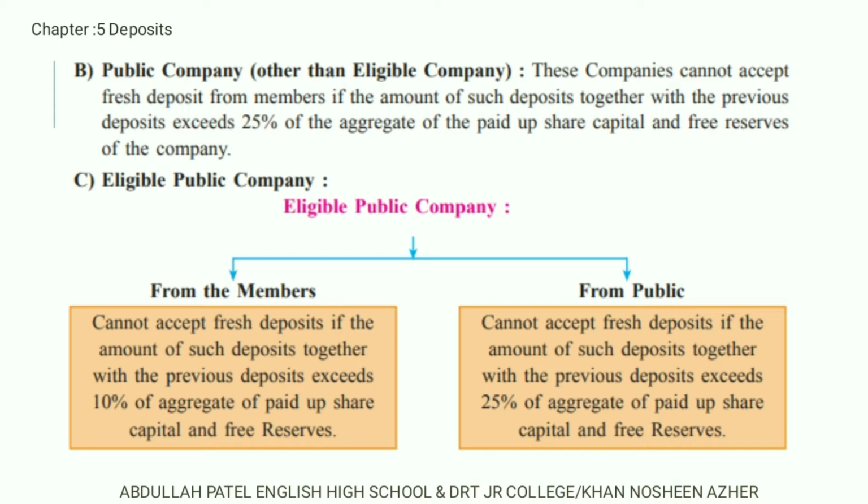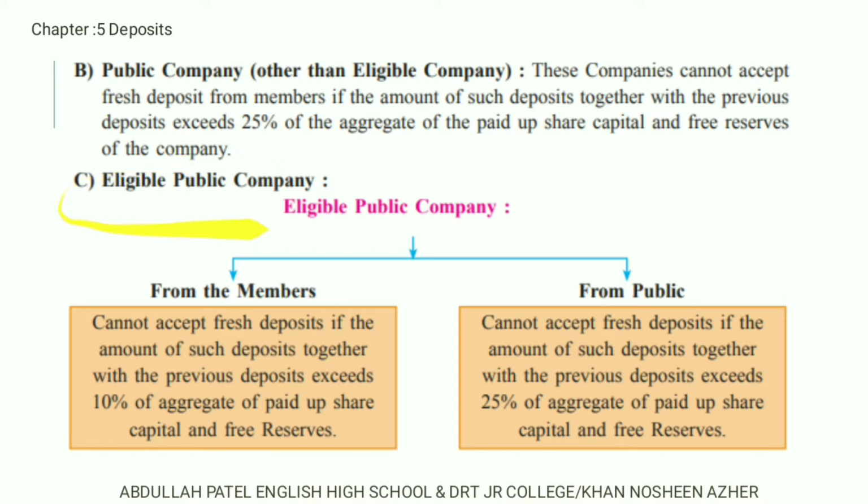A company has to fulfill one out of the two conditions to get eligibility. So what is given in this paragraph? These companies cannot accept fresh deposits from the members if the amount of such deposits together with the previous deposit amount exceeds 25% of the paid up share capital and the free reserves of the company.